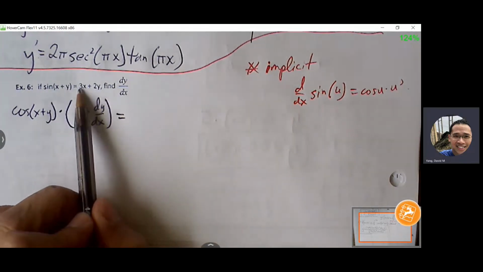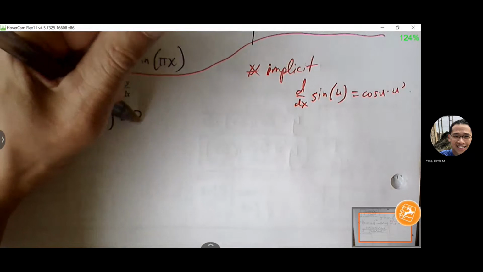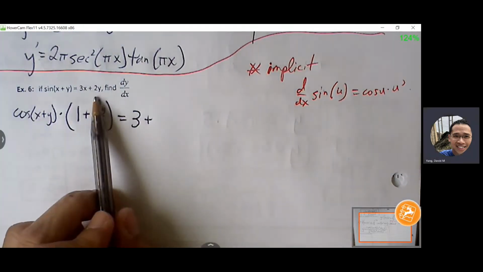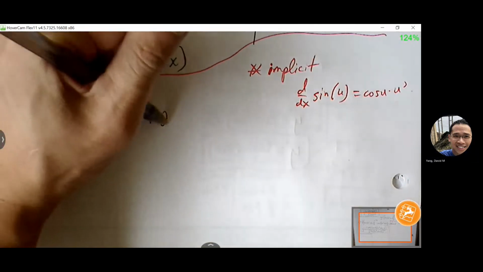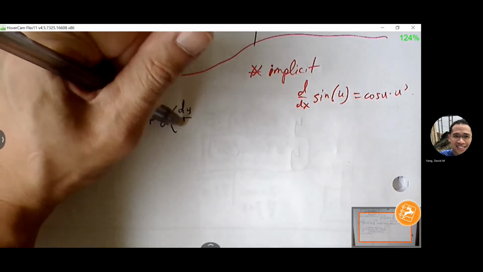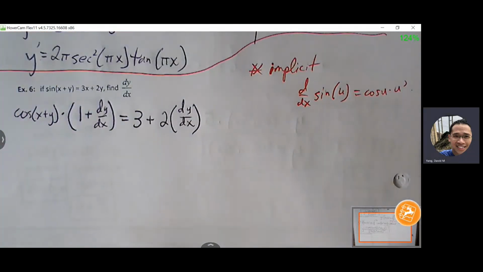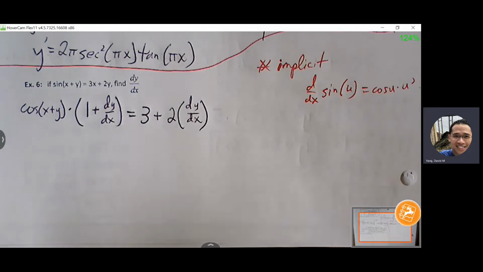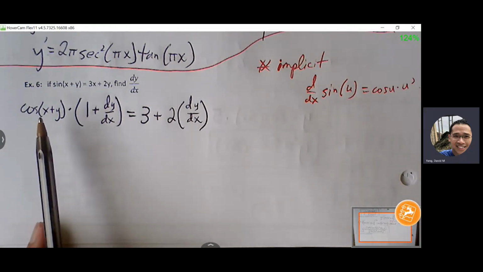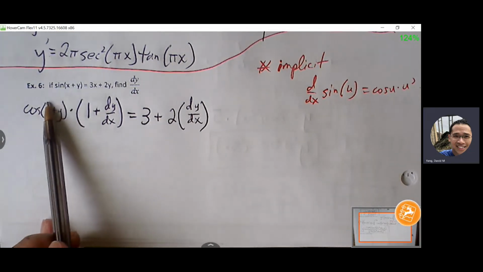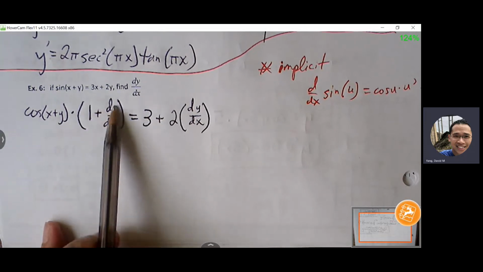Over on the right side, 3x becomes, and then 2y becomes. So that ends the derivative process. The rest of it is just trying to clean up. I want to point something out here. What's the difference between this parentheses and this parentheses?